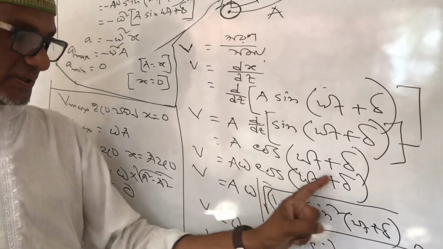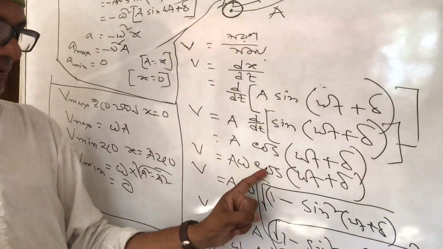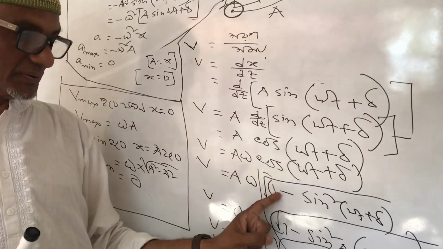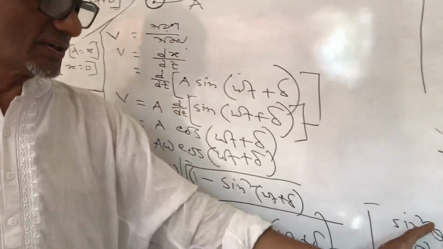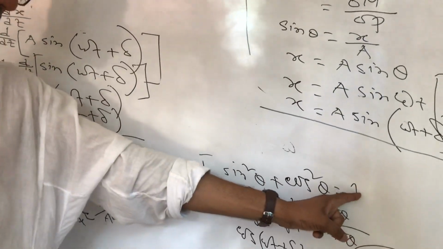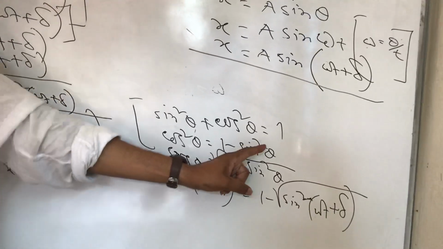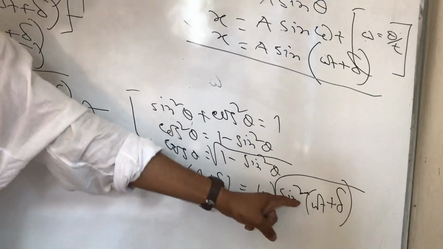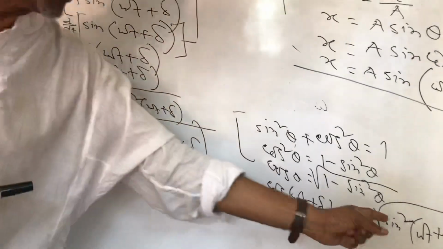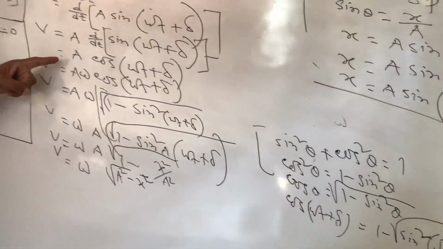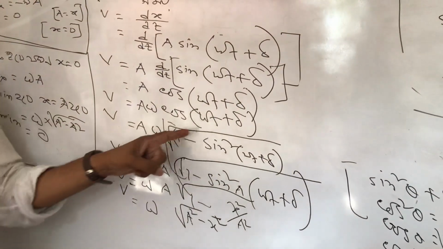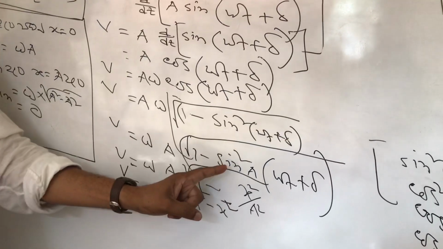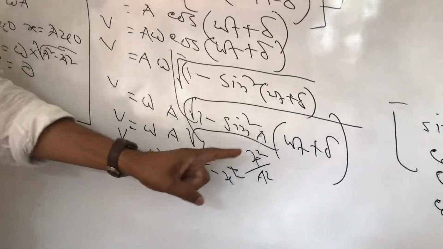According to trigonometry, sin square theta plus cos square theta equals 1. So cos square theta equals 1 minus sin square theta, and cos theta equals the square root of 1 minus sin square theta. So we can write v equals A omega times the square root of 1 minus sin square theta.